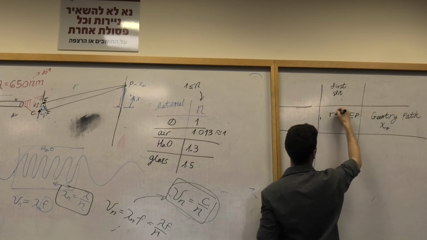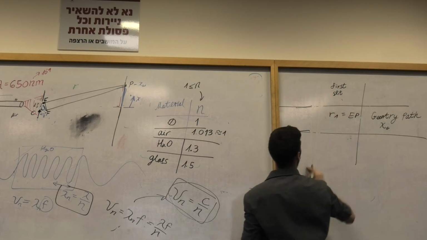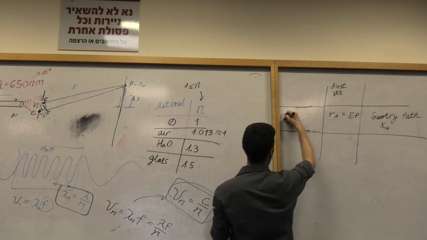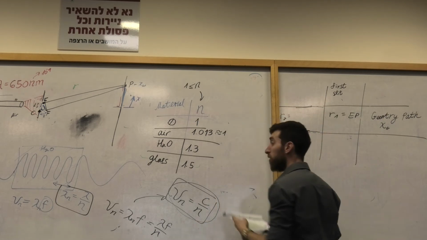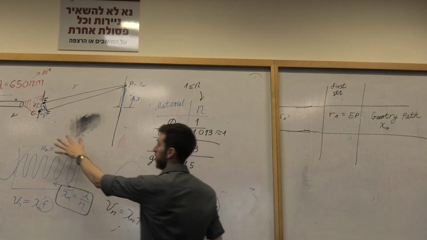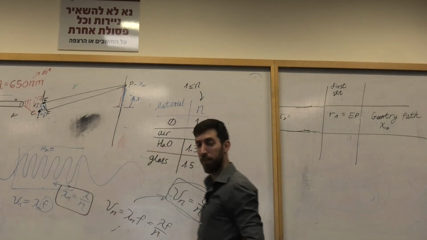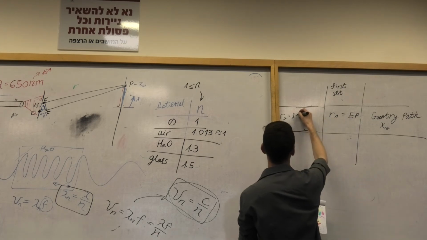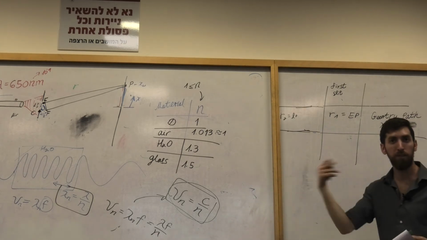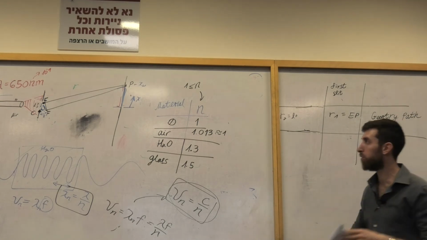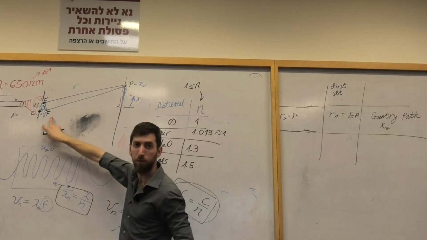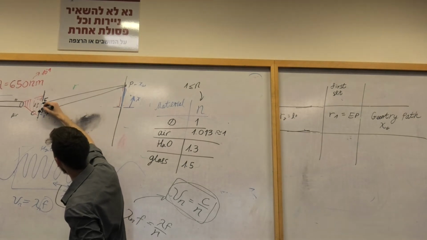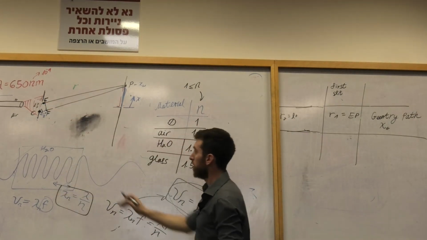EP R1, and here R2 equal to what? So first of all I need to go through L, right? And then I need to go delta R, right? Remember the triangle? This is delta R, we said. So L, it's not all delta R. Let's do it smaller. It's really small. This is L.